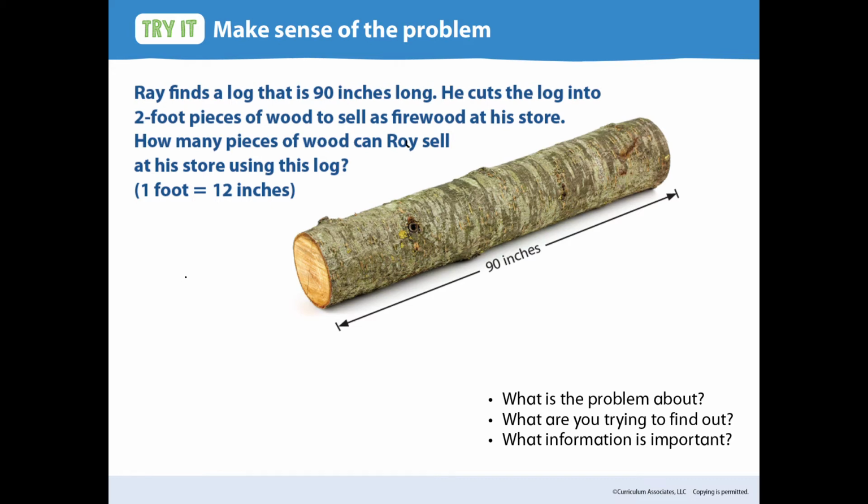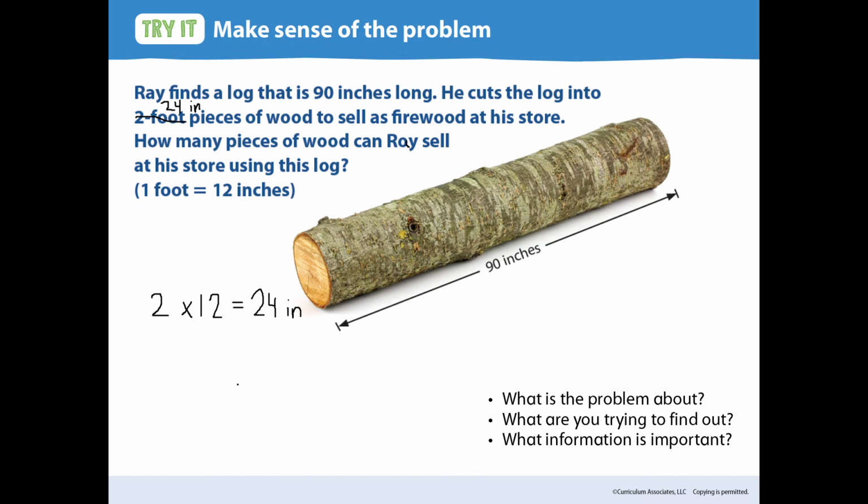So we are going to take our 2-foot sections times 12 inches in each foot. So each one of the sections is 24 inches. So I can change this to say 24-inch pieces. Each section is 24 inches. That's the same as 2 feet.